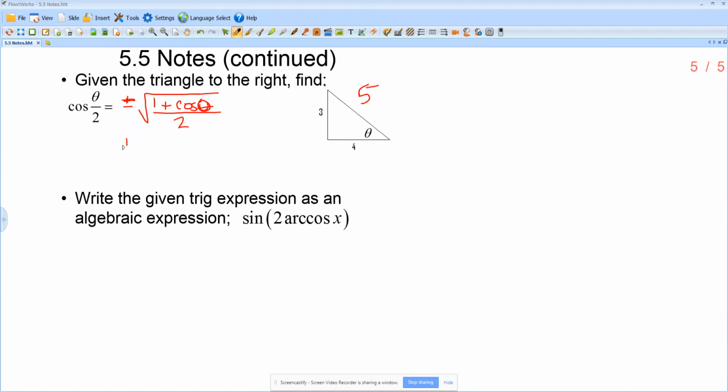So this is going to become plus or minus the square root of 1 plus 4/5 over 2, which becomes plus or minus the square root of, if I add that, I get 9/5 over 2. 9/5 over 2 is going to give me plus or minus the square root of 9/10.